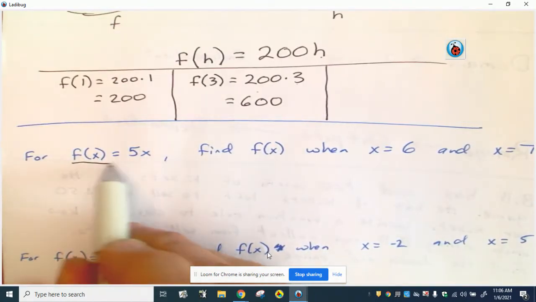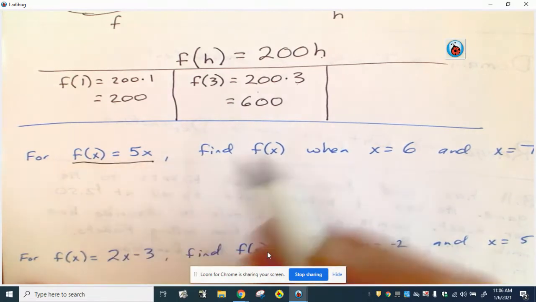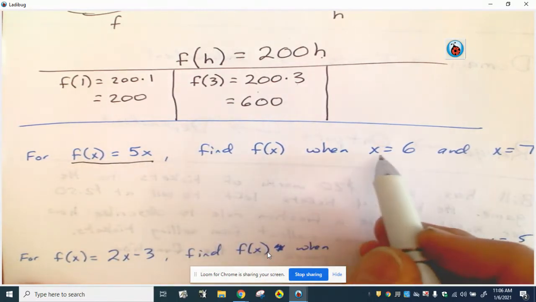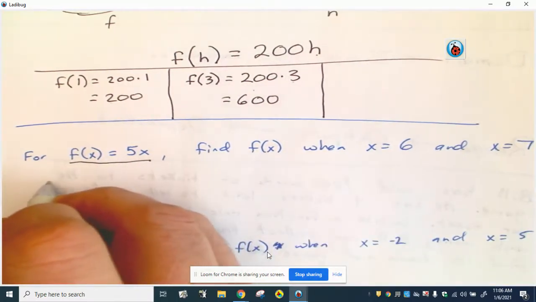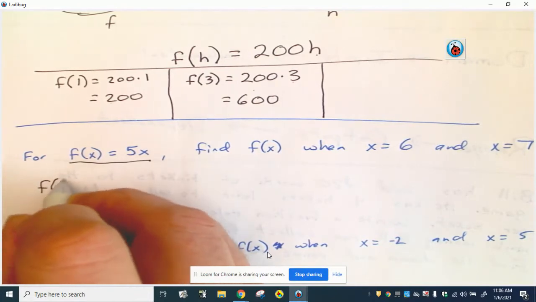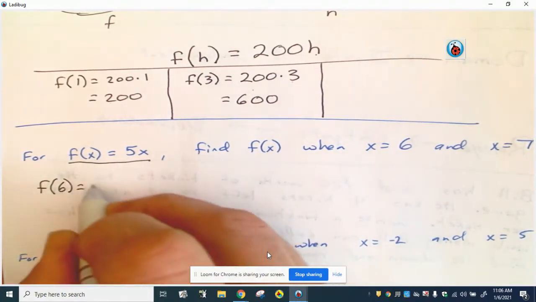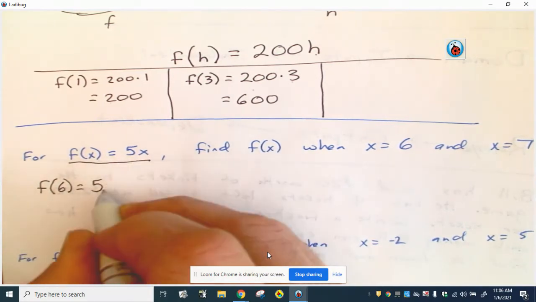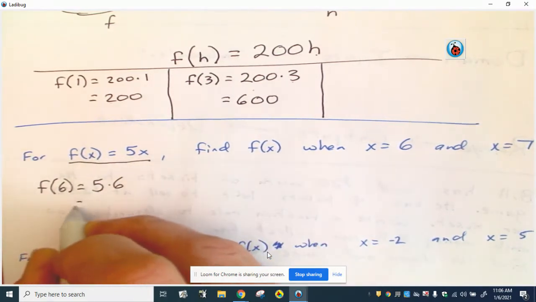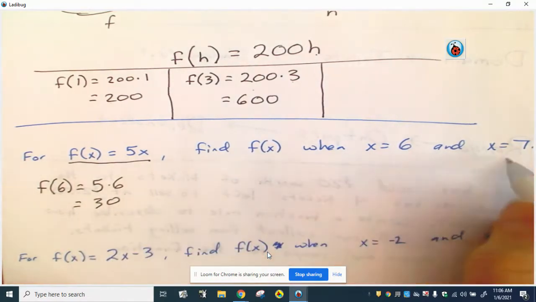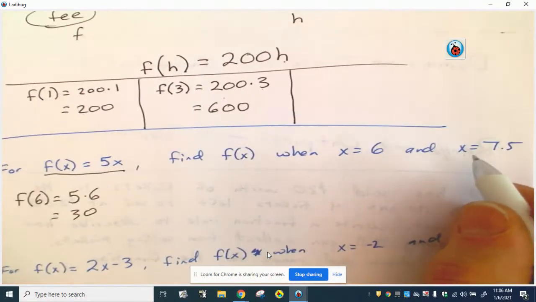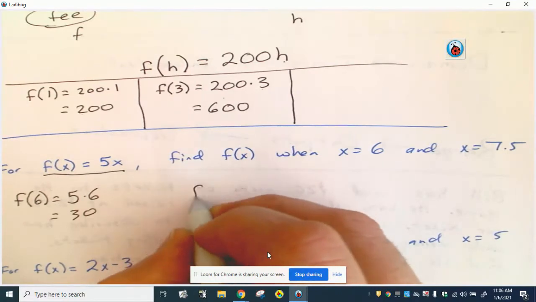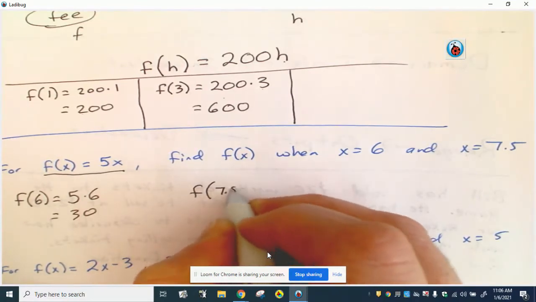If f of x is equal to 5x, we have to find f of x when x is 6. Basically, all we have to do is find f of 6. We replace the x with a 6, and the answer would be 30. Find it when x is 7.5 means we're going to find f of 7.5.